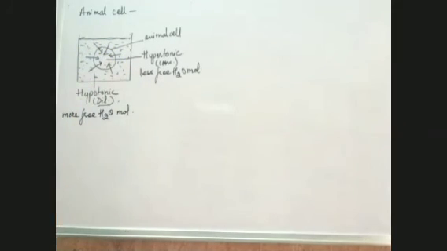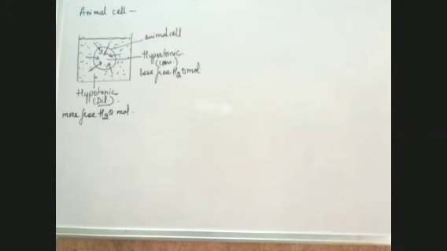Because outside the solution is hypotonic, and hypotonic solution has more of the free water molecules. Inside the cell is hypertonic. Hypertonic has less free water molecules. So from outside, the free water molecules, which are more in number, will start moving towards inside the cell where the free water molecules are less. And now what will happen? There will be a change in the structure of the animal cell, which will be seen.